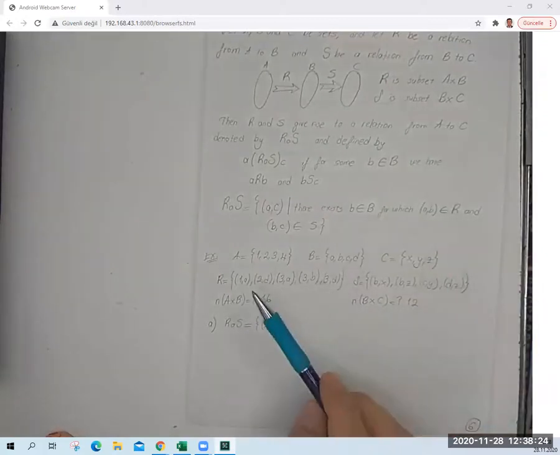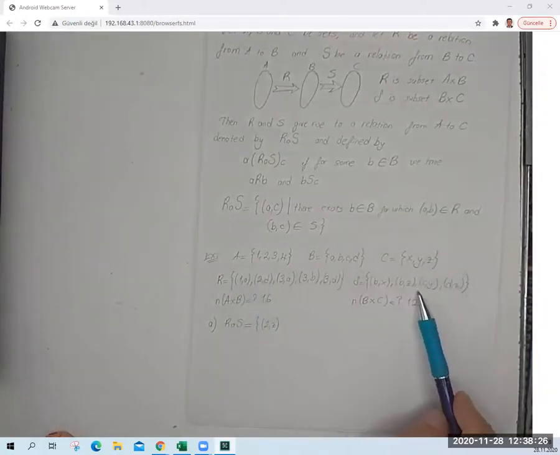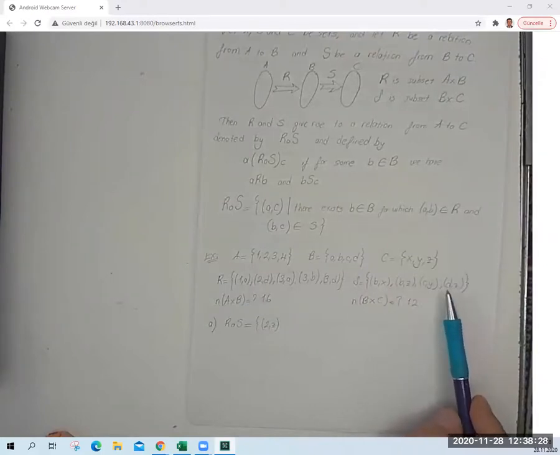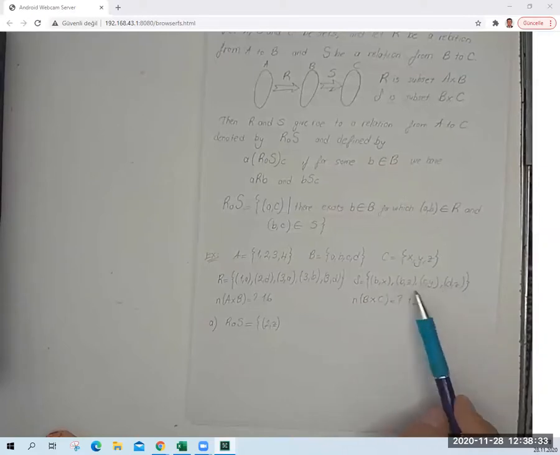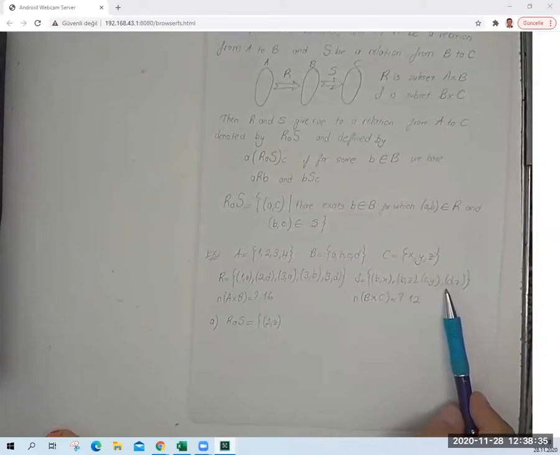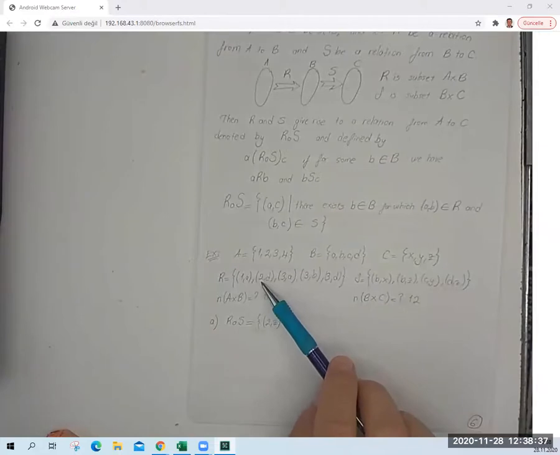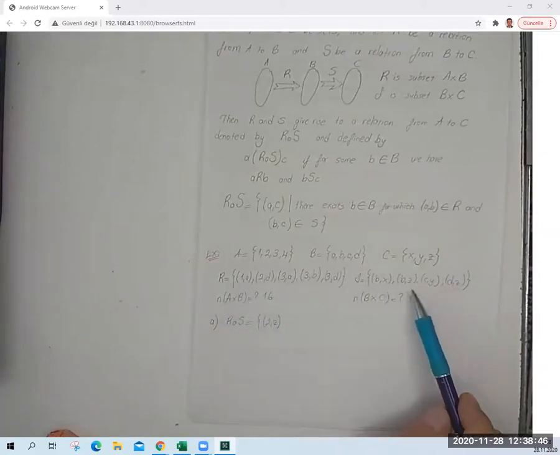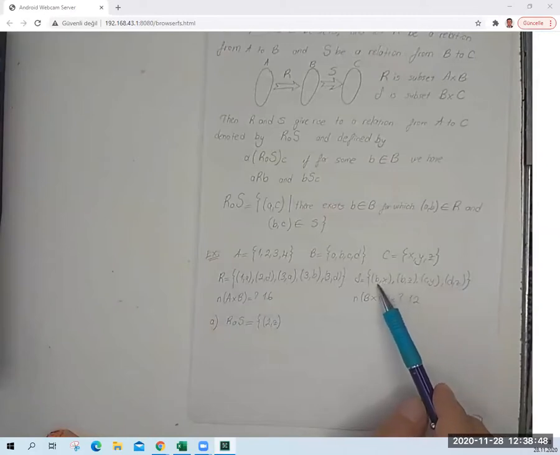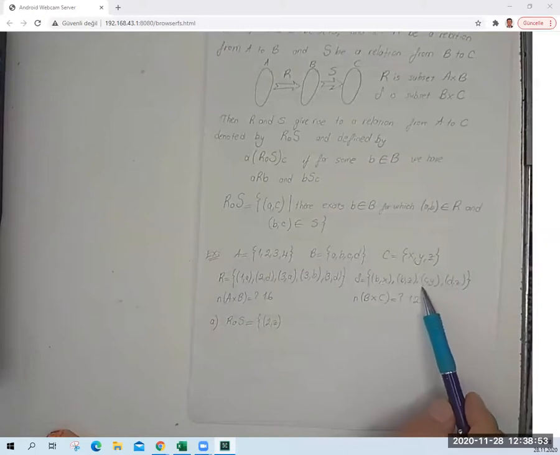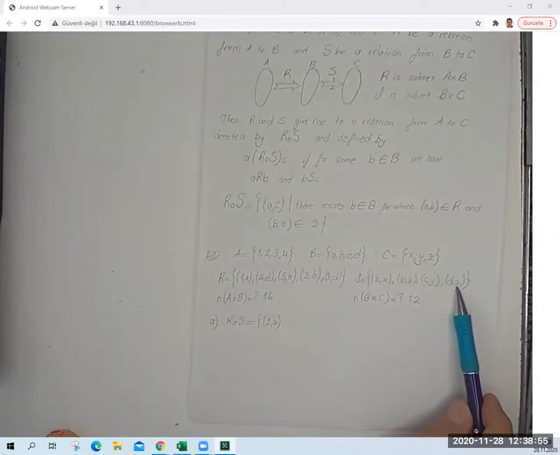Is that clear? 1 goes to A, but A is not inside those pairs as a first element, and I'm looking at the second element in relation R. 2 goes to D. I'm looking for D as the first member of a pair in S, and there is DZ.